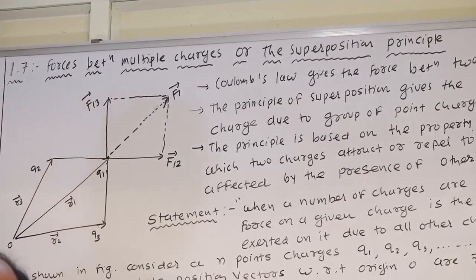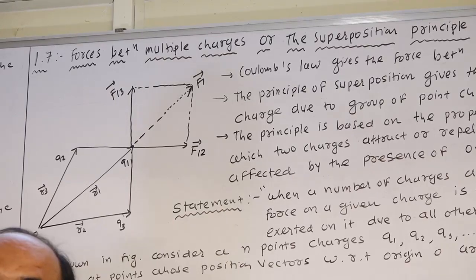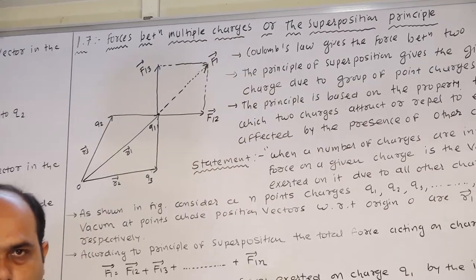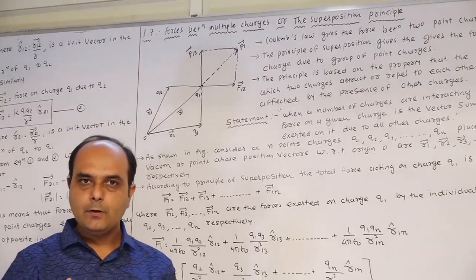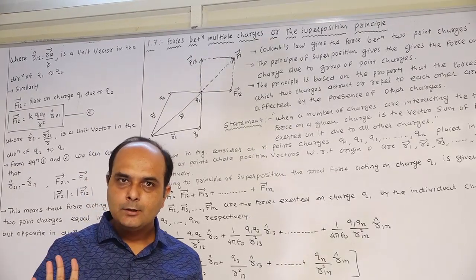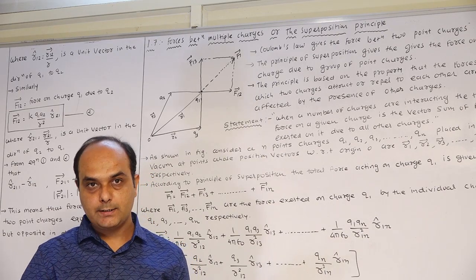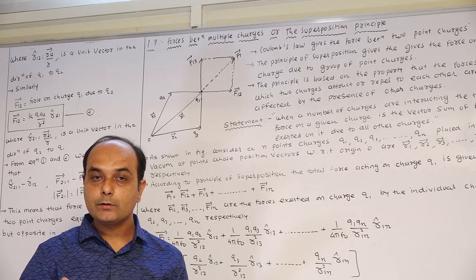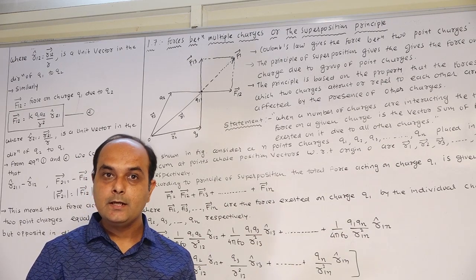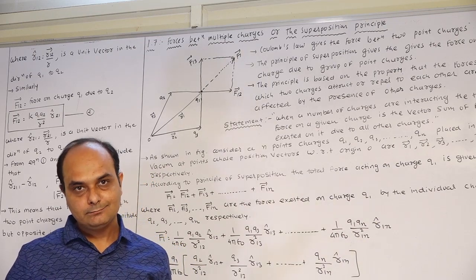Well students, in Coulomb's law, we can calculate the force acting only between two charges. Coulomb's law can give the value of the force acting between only two charges. But if a system contains more than two charges, or multiple charges, then how do we calculate the resultant force acting on a charge?